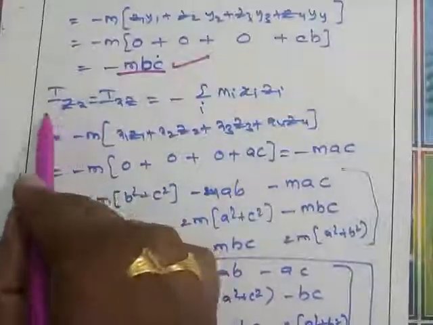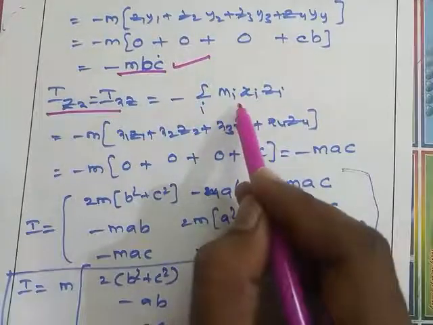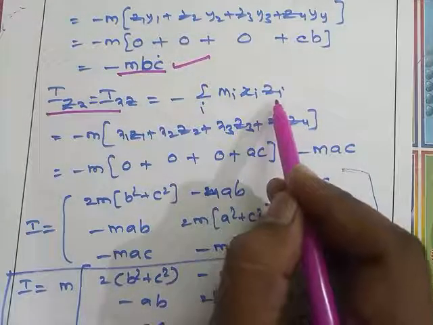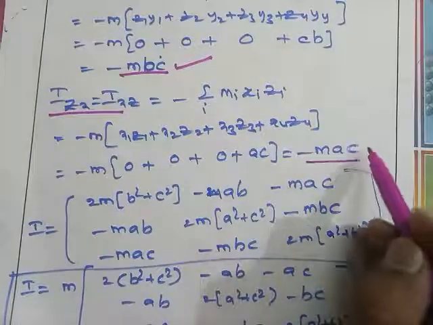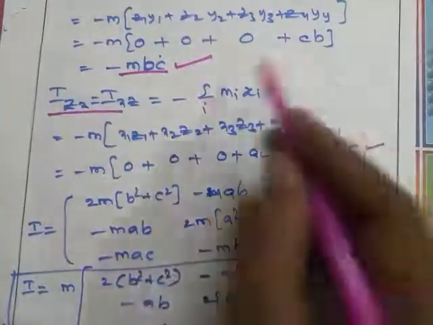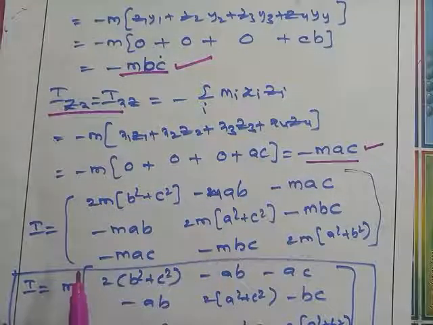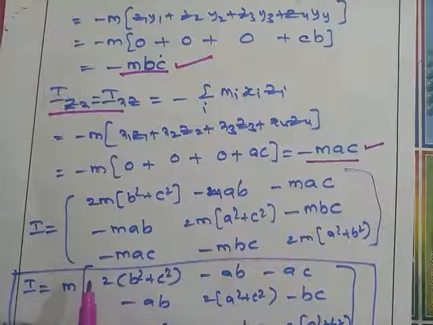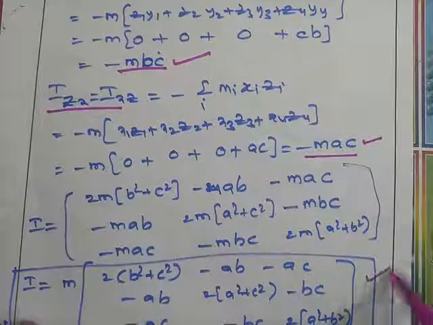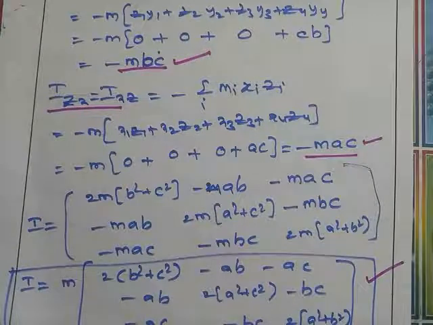For the last components, minus summation mi xi zi, we got this. Substituting all these 9 components into the inertia tensor matrix, we get this equation. Now this is the inertia tensor matrix. This is an important problem. In this way we'll solve problems.